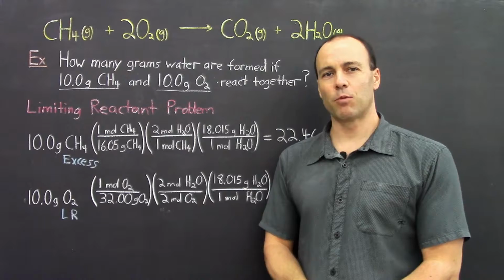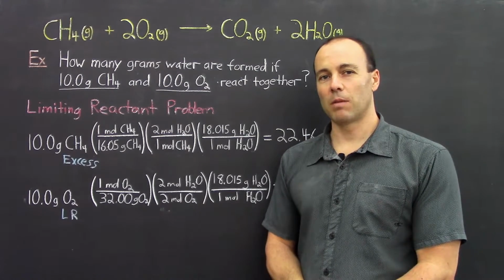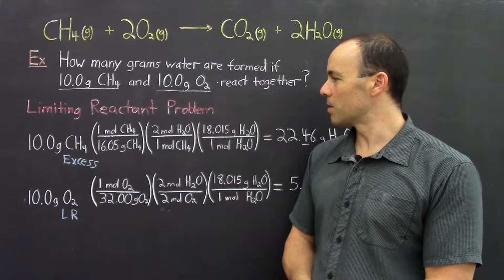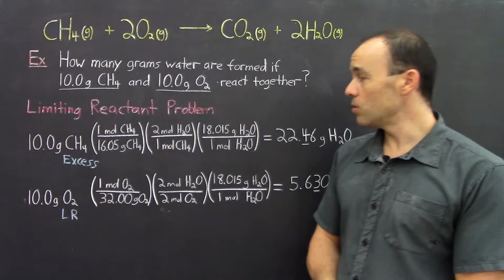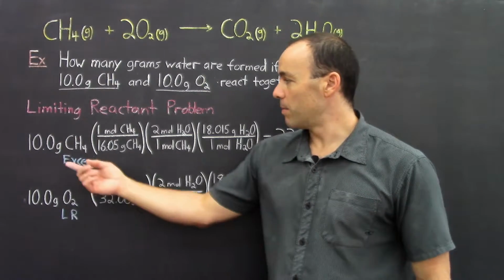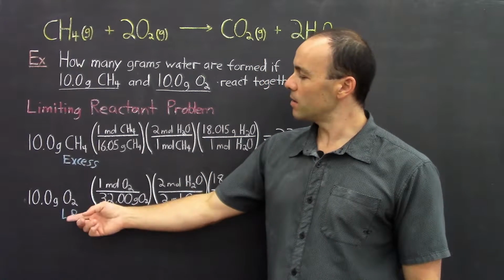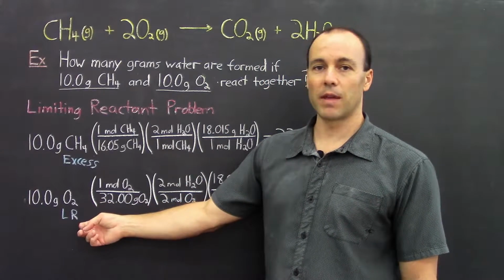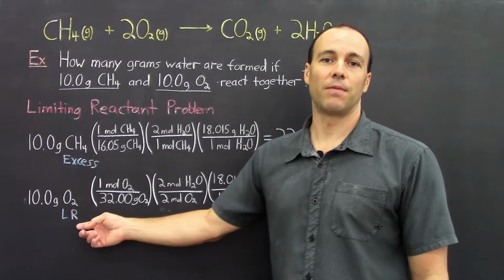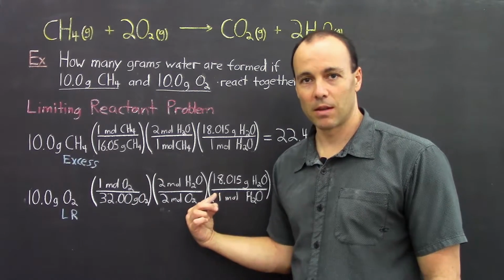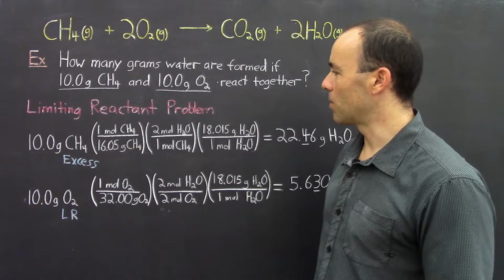So there are a couple of approaches to solving this problem. Perhaps the simplest one is just to assume that all of the methane reacts and figure out how much water you get from that, and then to do the problem again assuming that all of the oxygen reacts, and then figure out how much water you would get from that. So let's do this approach.